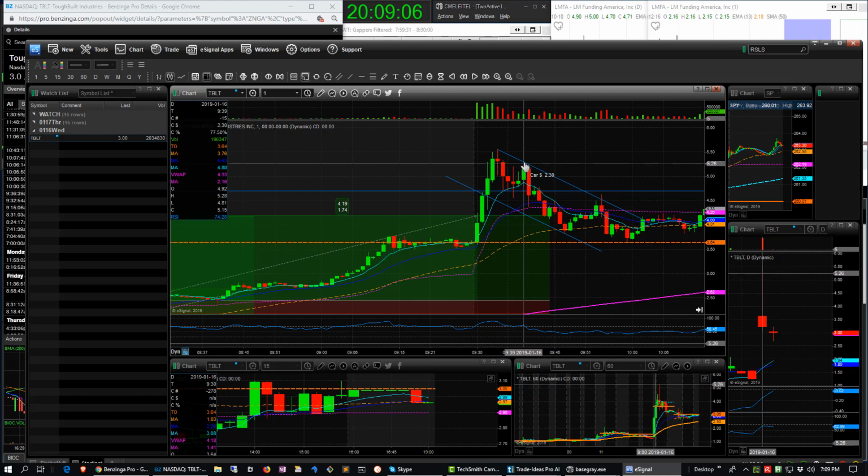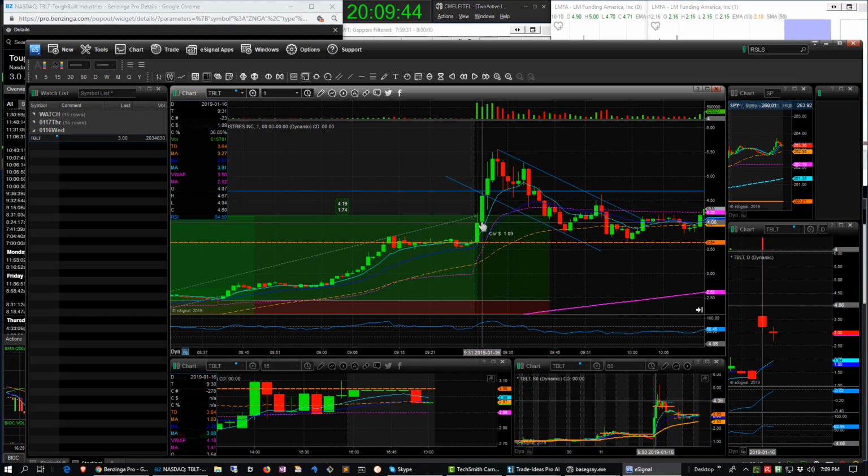Now when it comes back up and it fails to breach this high and instead dumps, that is a sign of weakness. And then you're looking for it to retrace. Well, it fails. Okay, so at this point, this support level right here is now becoming resistance. It can't go any higher. Can't go any higher. So you sell.